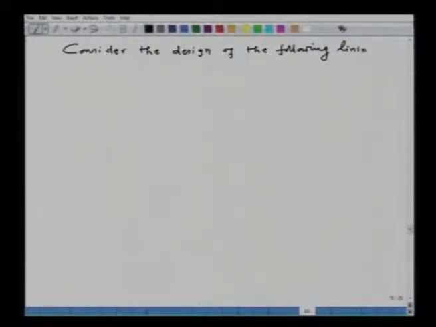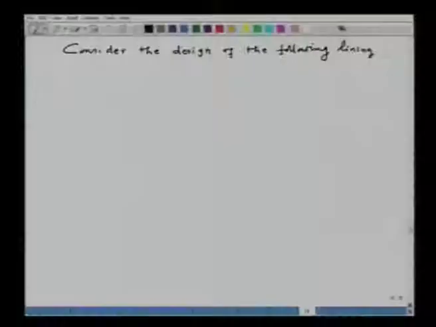Now, the last problem I would like to illustrate: consider the design of the following lining. This is a composite wall construction. We have a refractory wall, and this is another refractory wall.